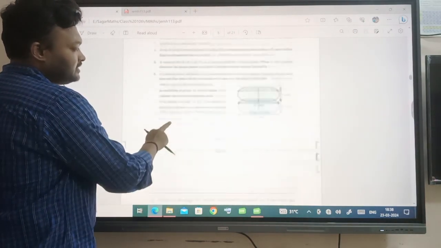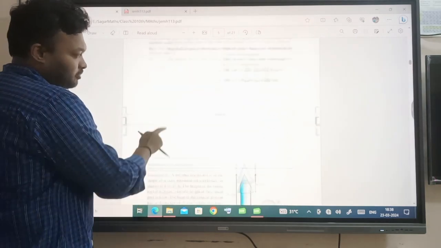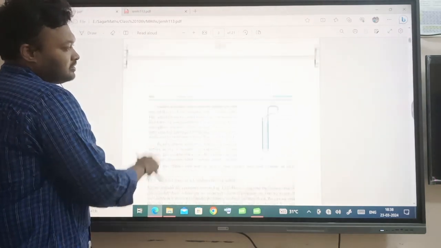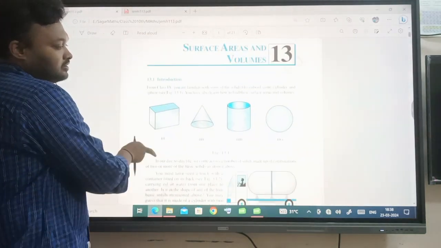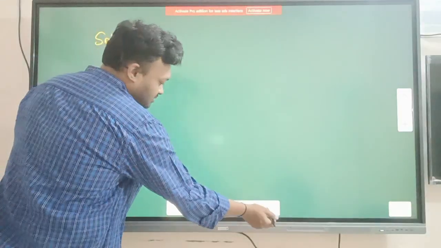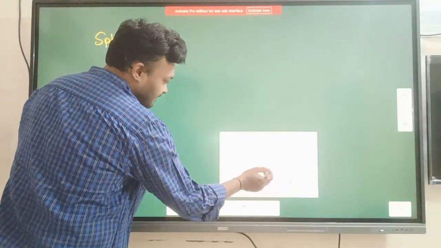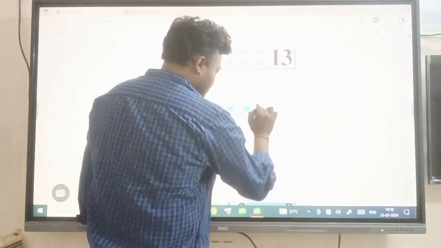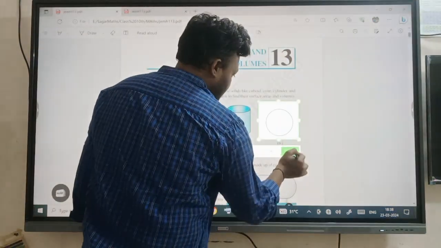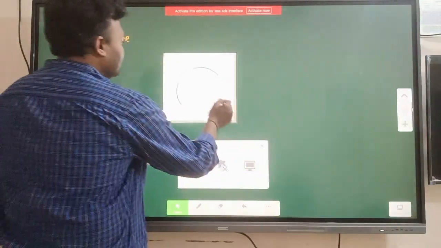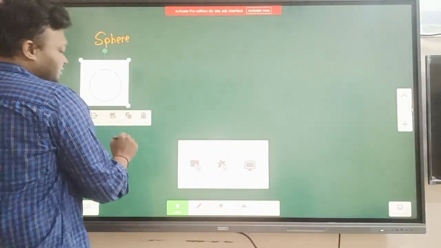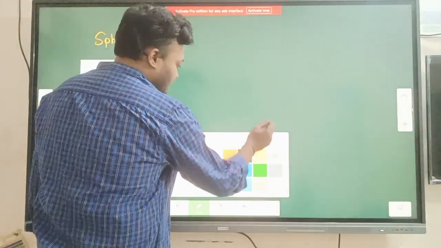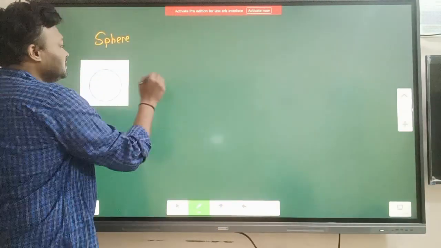Sphere means simply the shape like a football. This is a sphere. For a sphere, again there are very easy formulas. Sphere we have already taken in 9th standard also.